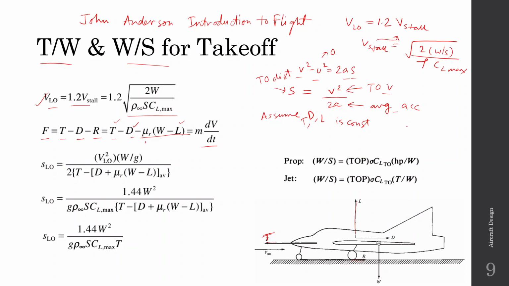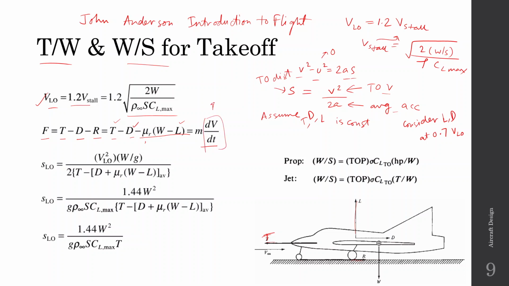Now it has been found that if you consider the lift and the drag at 0.7 of the takeoff velocity, then it is good enough. So once you do that, you can find out the average acceleration.